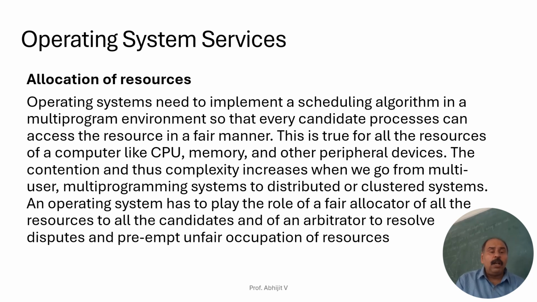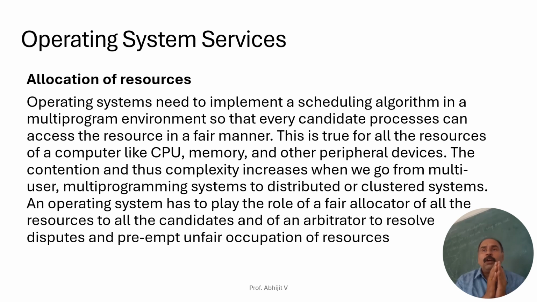This is true for all resources of a computer, including, see, important resources in a computer will be CPU, memory, printer, and so on. You have one printer, you want to take a printout, one person can take a printout. Who is coming for the most urgent thing? We will give the printer to them first. Am I right? So in the same way, this prioritizing, these things are all controlled by algorithms. So we can call this scheduling algorithms.